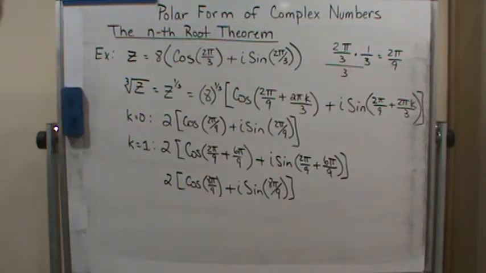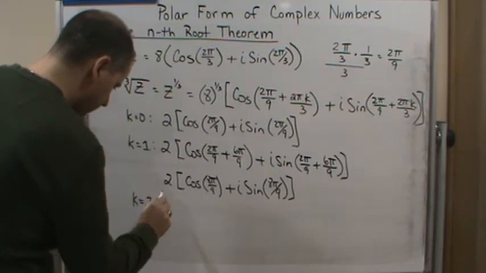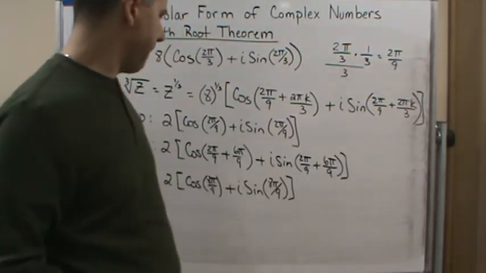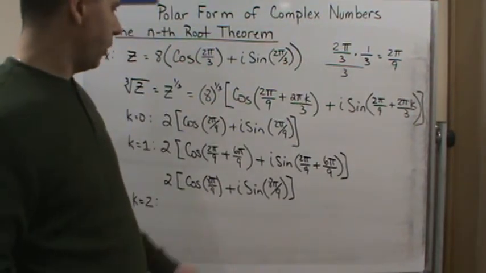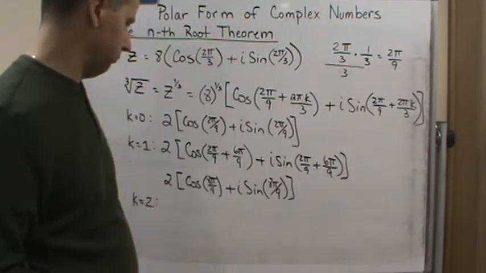And then finally when k is equal to 2, okay, now we're going to add 2 times, right? So k is 2, so this is going to be 4 pi over 3.